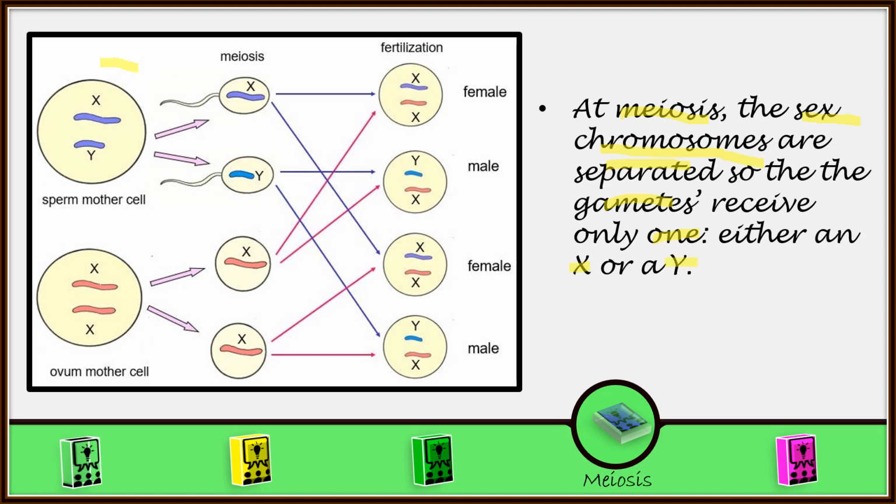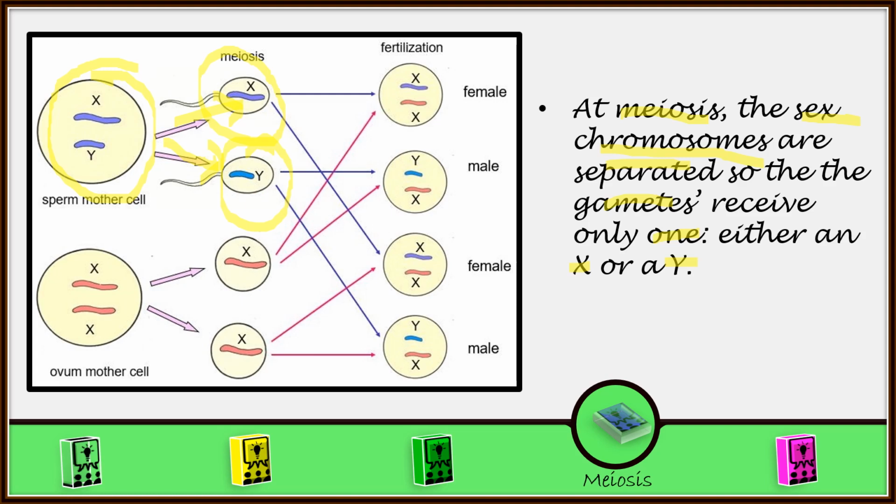So during meiosis, we end up getting gametes, and each gamete has one chromosome. For example, this sperm has the X chromosome, and this one has the Y chromosome.